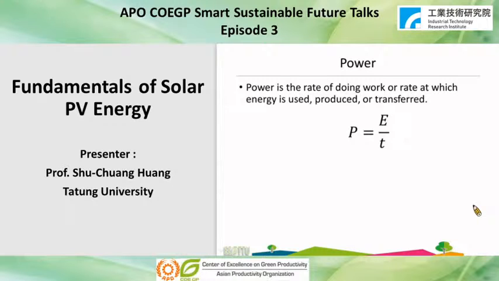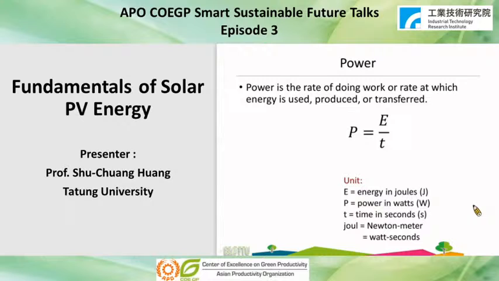So we can represent the power as this equation, P equals E divided by T. E is the energy in joules, P is the power in watts, and T is time in seconds. And this rectangle shows you the relationship between E, P, and T. So for example, we can multiply the power by time to get the overall energy.